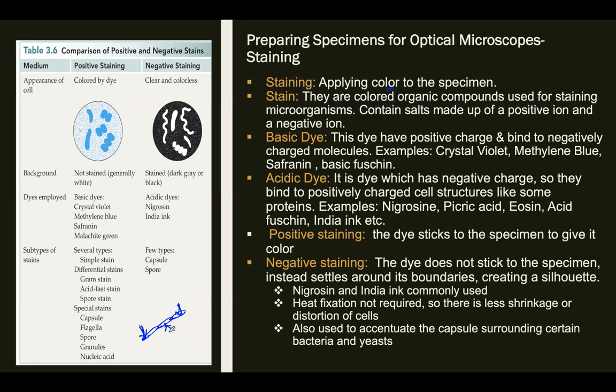There is another purpose, to identify. Not all specimens take all types of dyes, based on the ionic composition of the specimen. They absorb and reflect different types of stains. You can see gram-positive bacteria show a purple color.